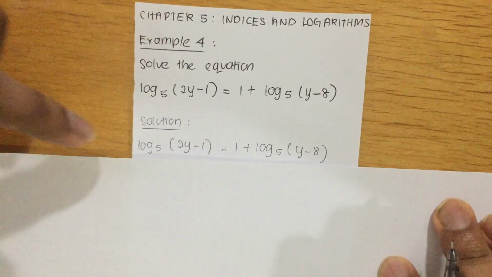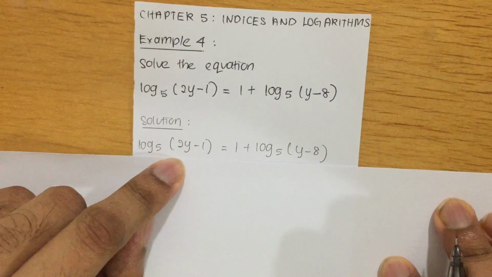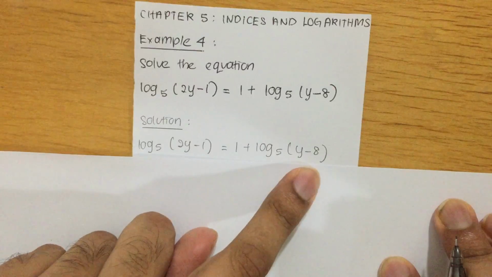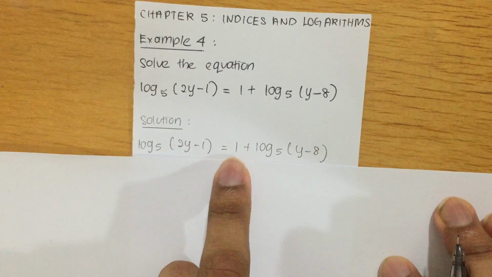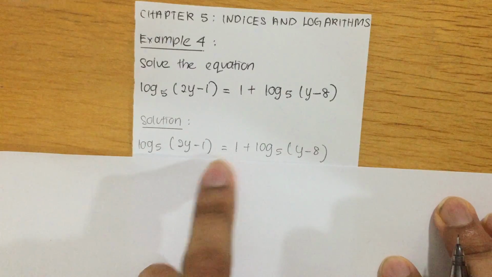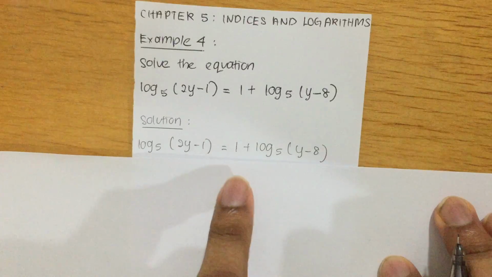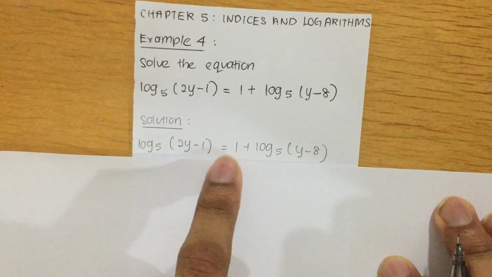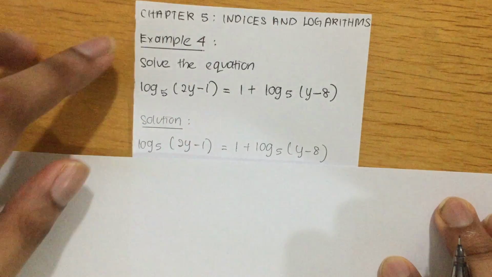To start off, I literally rewrite the whole equation here. log₅(2y − 1) equals 1 plus log₅(y − 8). What we can do over here is make this 1 into log₅ 5. Since it is the same base and the number equals 1, we can change this into log₅ 5 according to the logarithmic rule, guys.